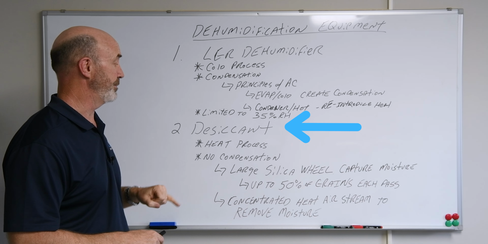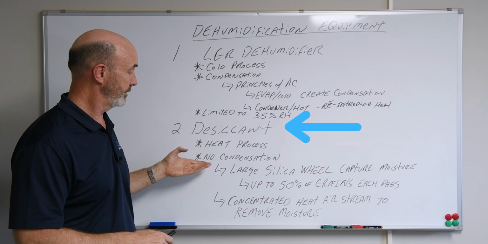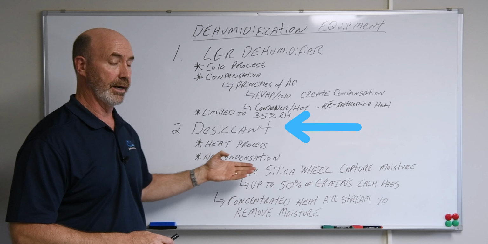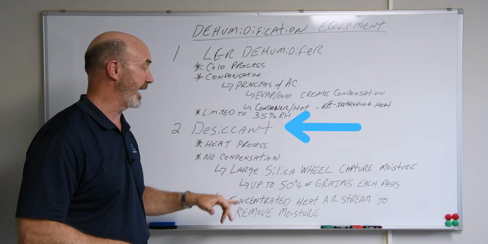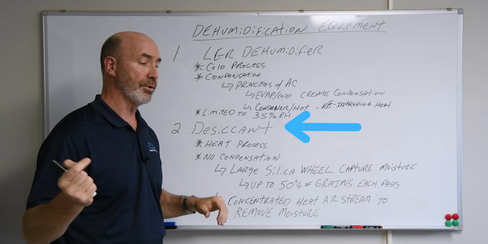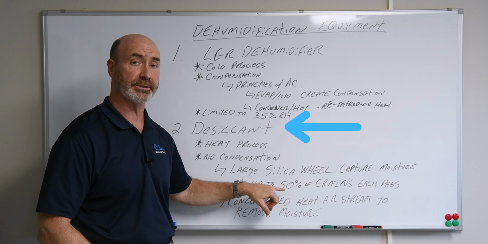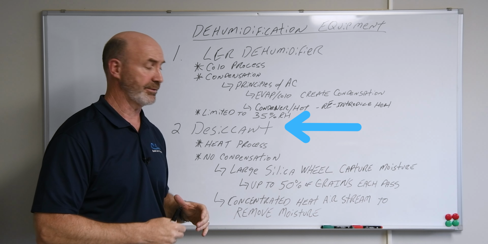A desiccant dehumidifier is a heat process. There's no condensation. The air passes through a large silica wheel, which on our unit is about 4 feet in diameter. As the air goes through the silica wheel, it captures moisture, and it can capture up to 50% of the grains of water in the air at each pass through.